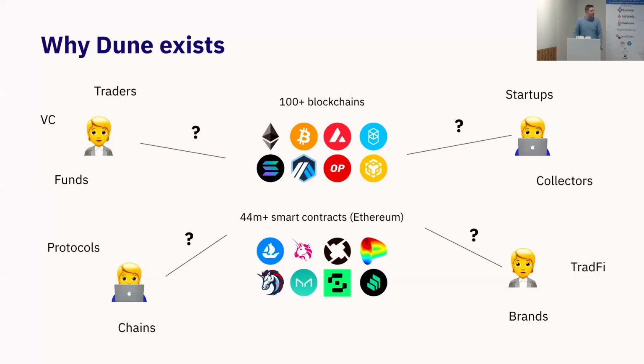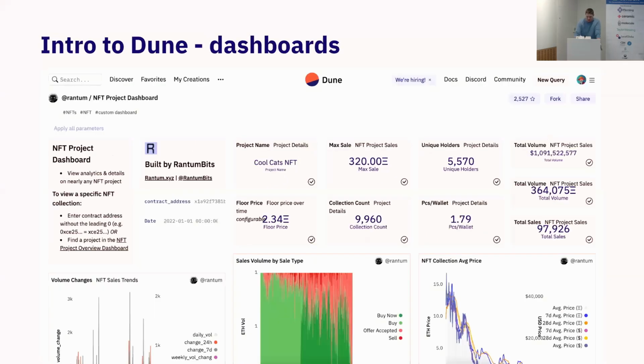And then there are all these people in the ecosystem, like the protocols themselves, people running chains, and startups wanting to build in the Web3 space. They all want to understand, what the hell is going on? Like, how successful is this DEX? Which chain has the most activity on it, et cetera. And that's a problem Dune solves.